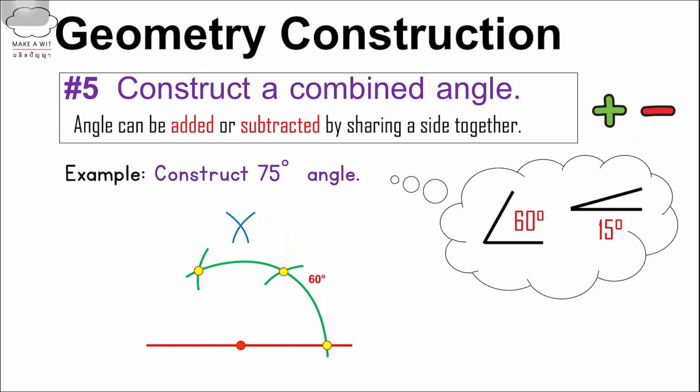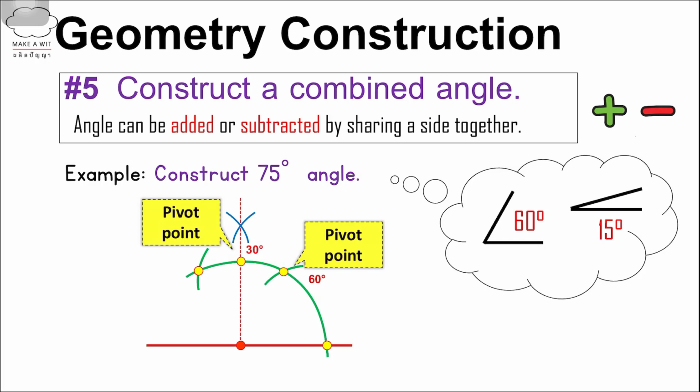So you find the bisector, cut. See, 60 plus 30 is 90 now. But what you need to do, you need to find the bisector again. Cut from 30 here to 15. See, this mark from here to here is 30, right? 15.